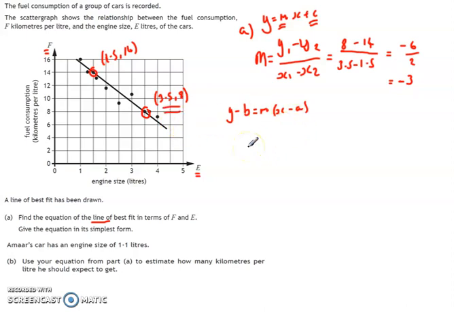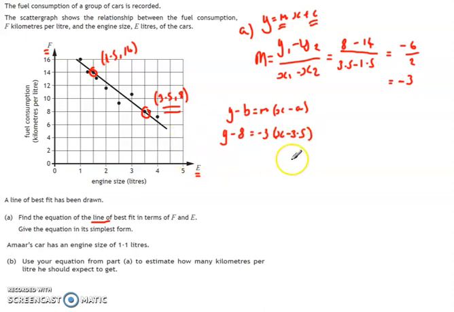So if I was to stick with y minus b equals m bracket x minus a, I would take the a and the b from one of the points. So in this case, let's take the 3.5, 8. So I'd say y minus b, the b comes from the y element of the point, so I'd have y minus 8 equals m, so negative 3, bracket x minus the x element of the point, which is 3.5.